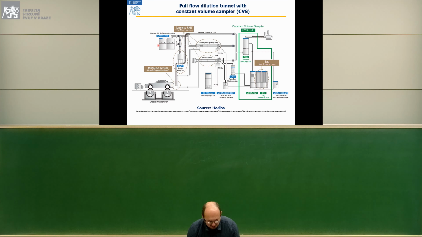There is a dilution air refinement system which supplies filtered air, and then you have a tunnel, and from the tunnel you collect samples on a filter, you collect sample into bags, and you direct sample to analyzers doing online measurements.